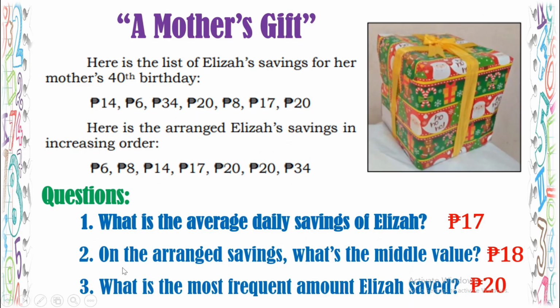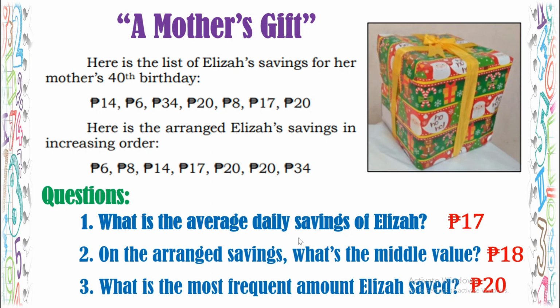These three questions here are actually the three measures of central tendency. Now, since you have answered them correctly, that means you are already using these measures in real life. You just don't know that they are the measures of central tendency.